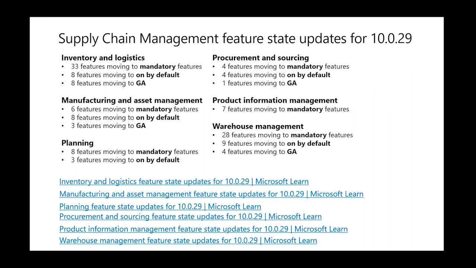Another one that can catch people off guard is when features move from GA to on by default. Just the process of updating the application will change that subset of features to be in an enabled state. So this is a summary of different things across the different areas of supply chain management to be aware of when you make that jump to version 29.